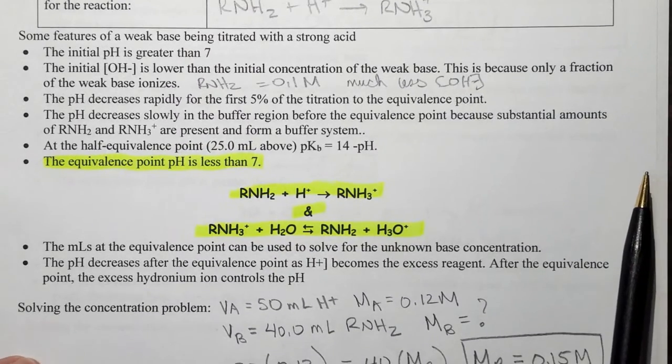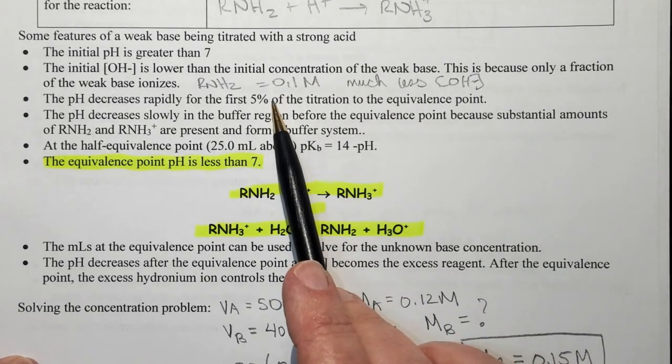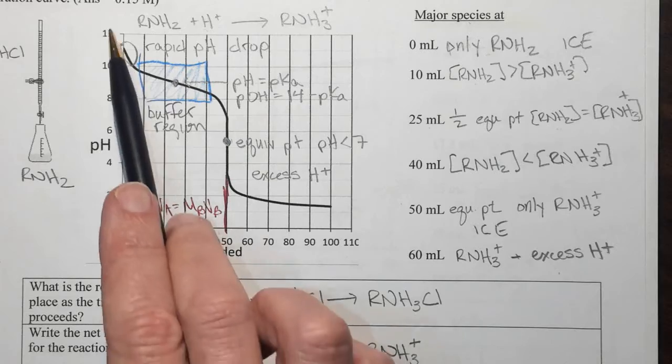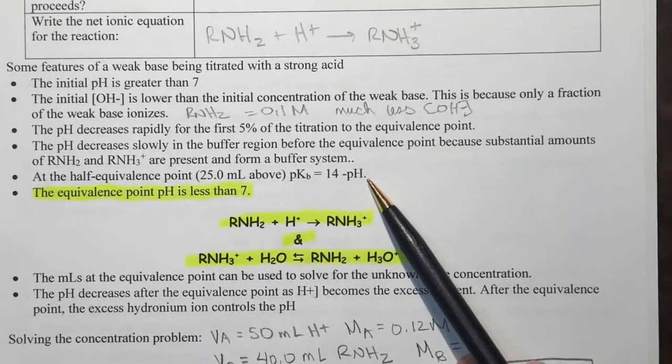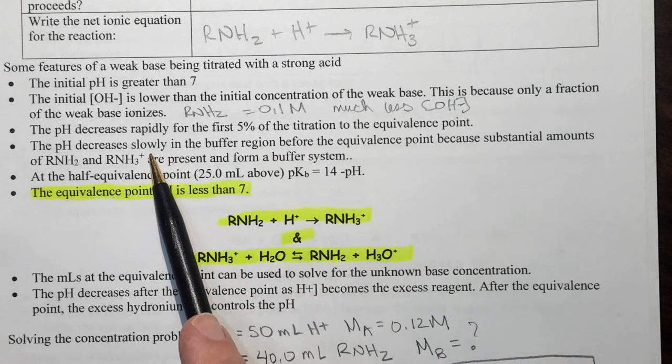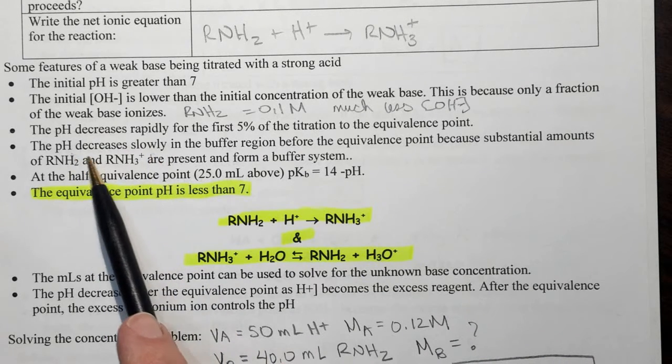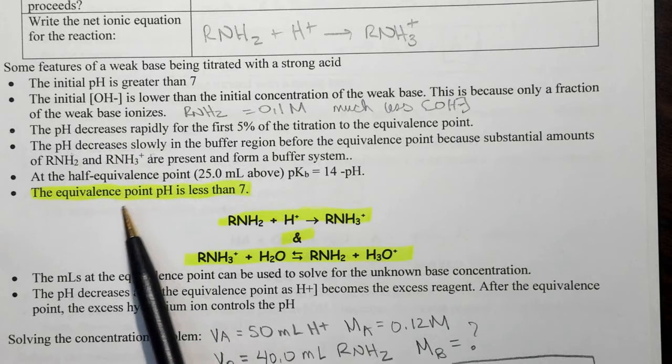The pH decreases rapidly for the first 5% of the titration. So if we go up here, we see there's a sharp drop off in the pH to start off with. The pH decreases slowly in the buffer region before the equivalence point because we have substantial amounts of both species present.